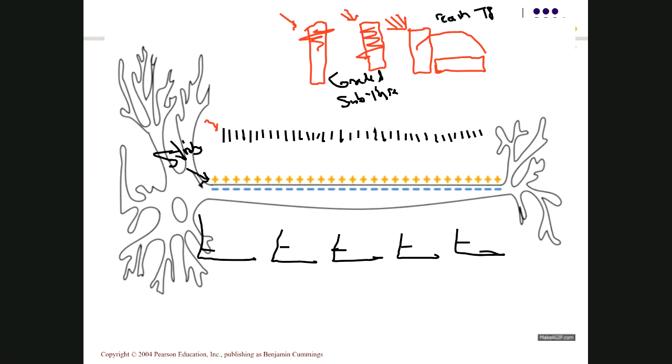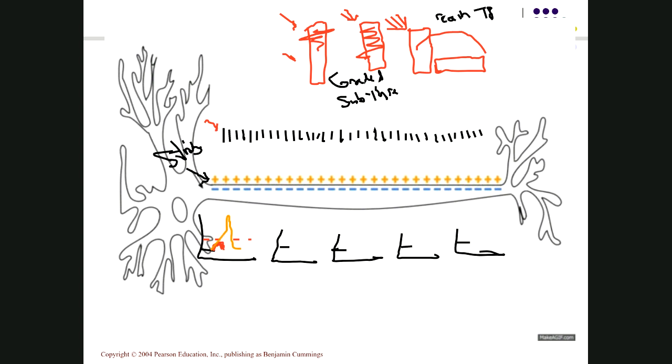And what it's going to do is make this go up. Well, if I don't reach threshold, it's just going to come back down, just like this thing happened here. And again, no matter how close I get to threshold, it's just going to come back down unless I actually reach threshold. But as soon as I reach threshold, I'm going to get an action potential.